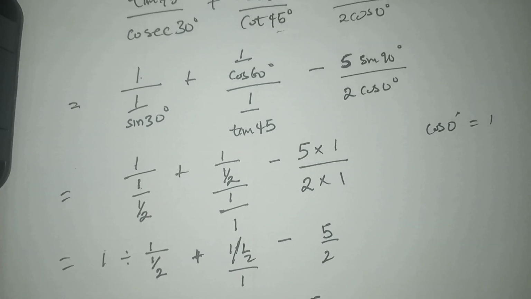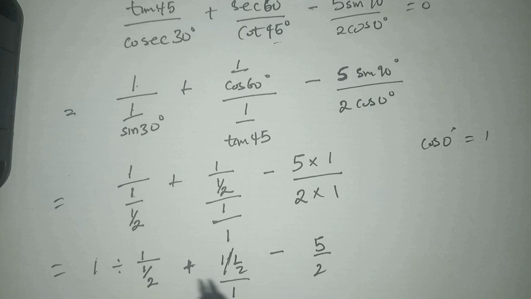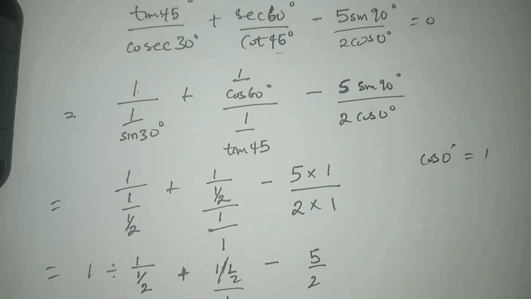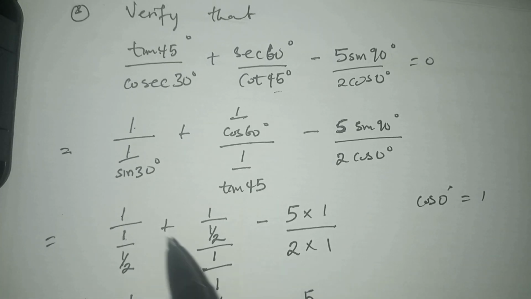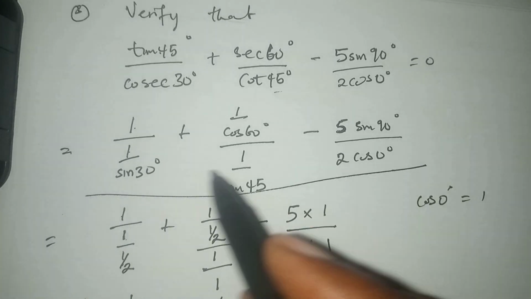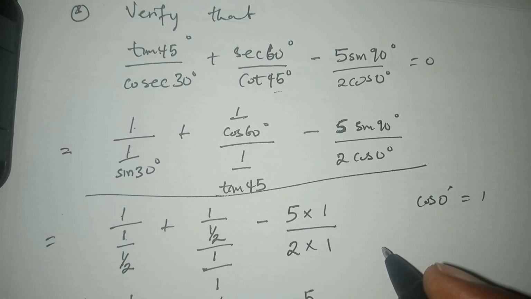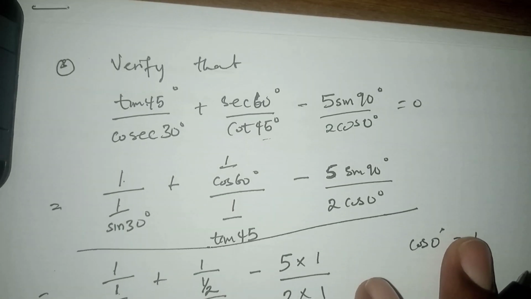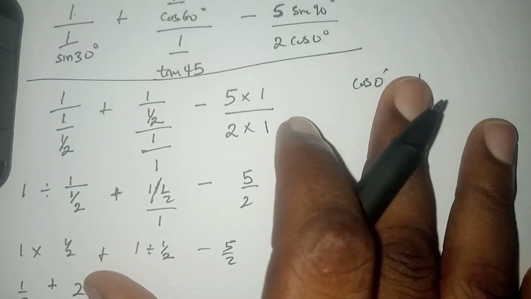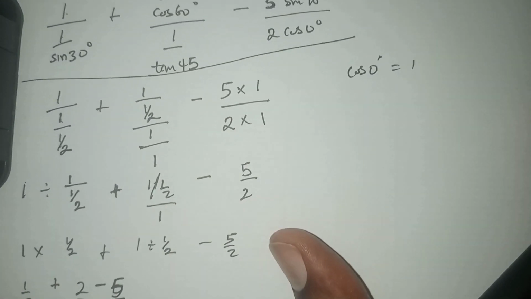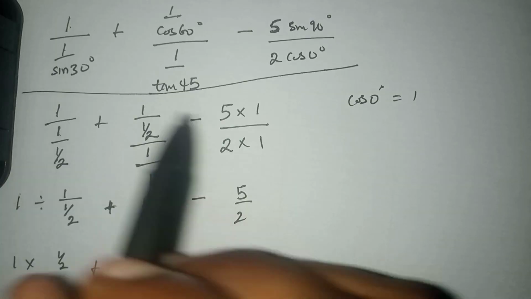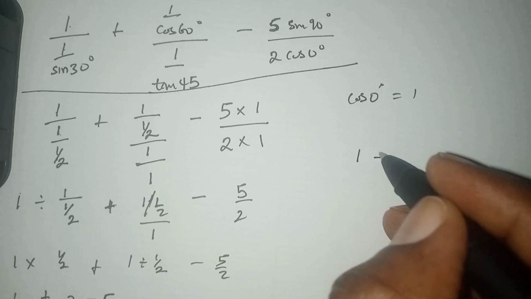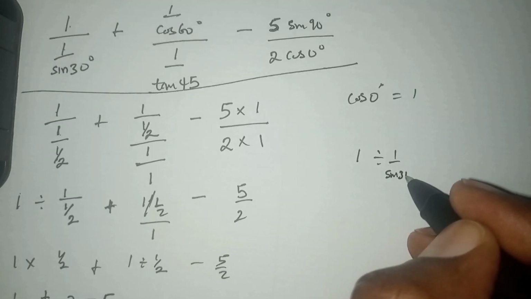I know at this point it might look confusing, so you can even do it from this step. You can further simplify it as 1 divided by 1 over sine 30, you understand?